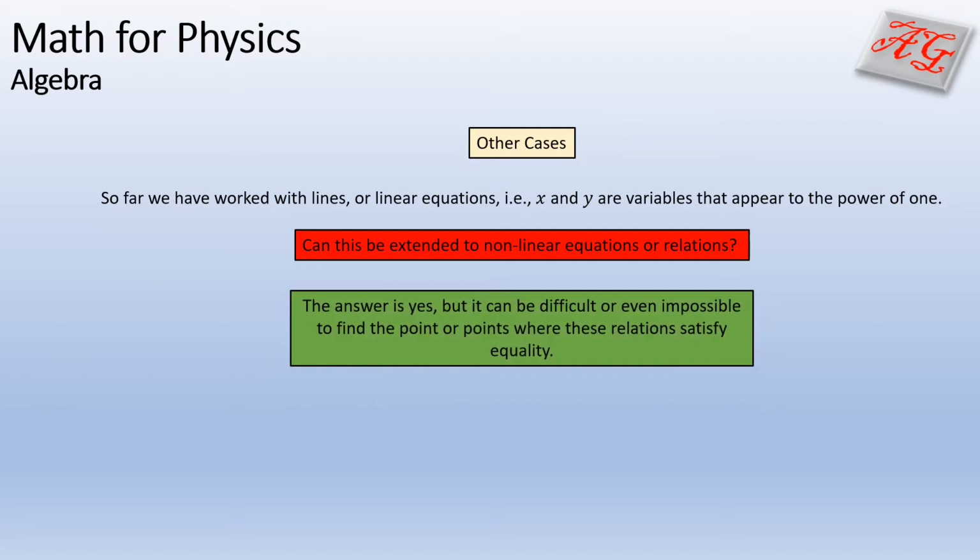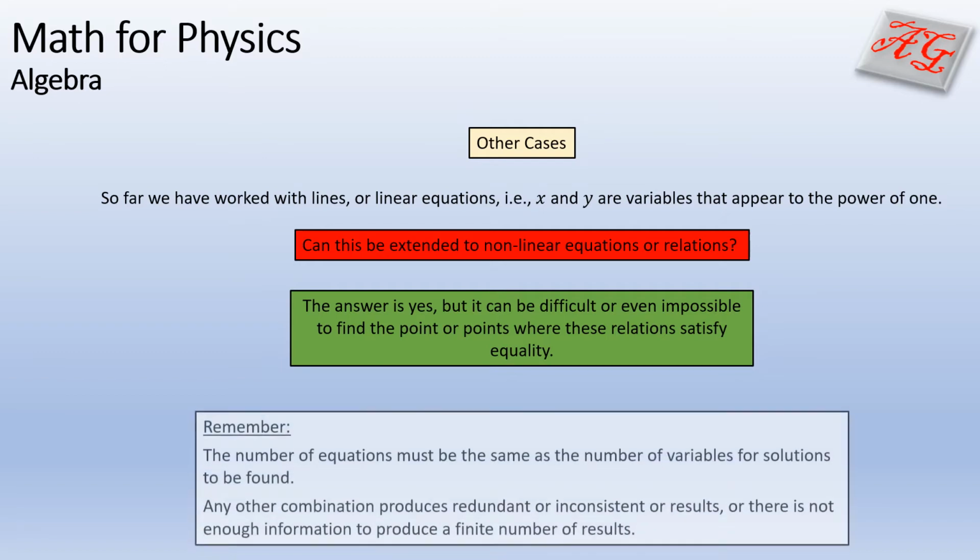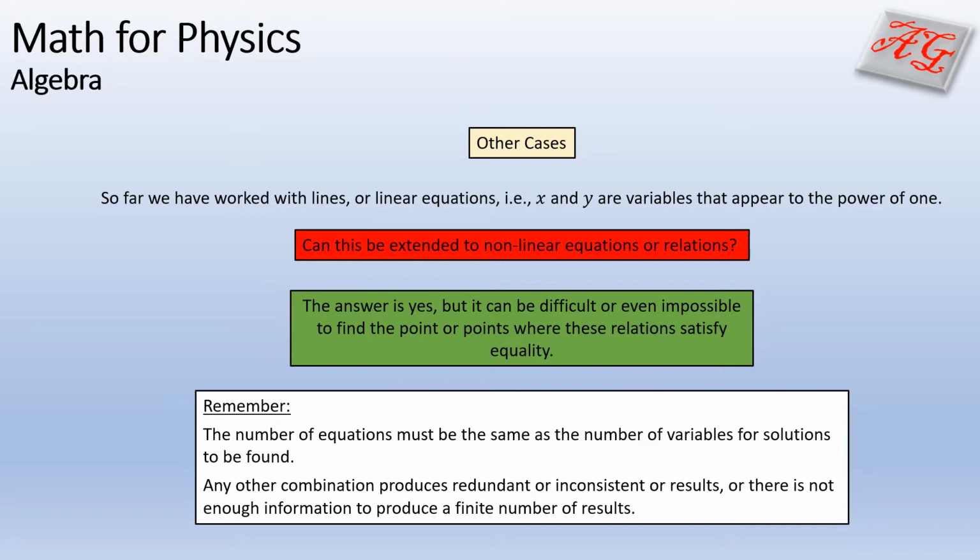The answer is yes, but it can be either easy, hard, or even impossible to find the point or the points where these relations satisfy the equations or equalities. So just remember that the rule of thumb is that for at least attempting to find a solution, the number of variables and equations have to be the same, or have more equations than variables, but being careful about inconsistencies or excess of information.